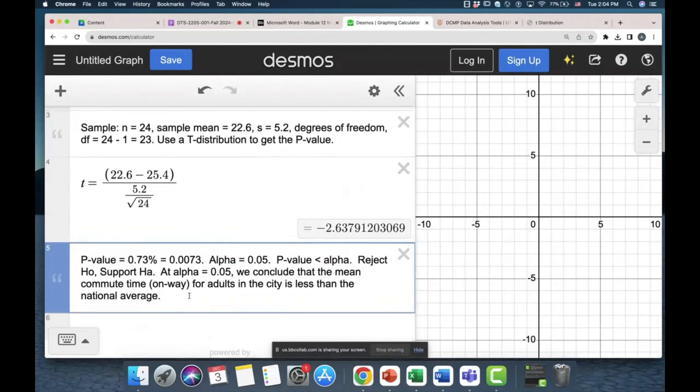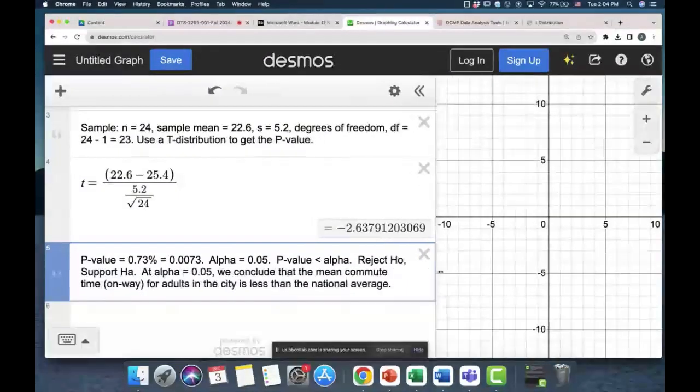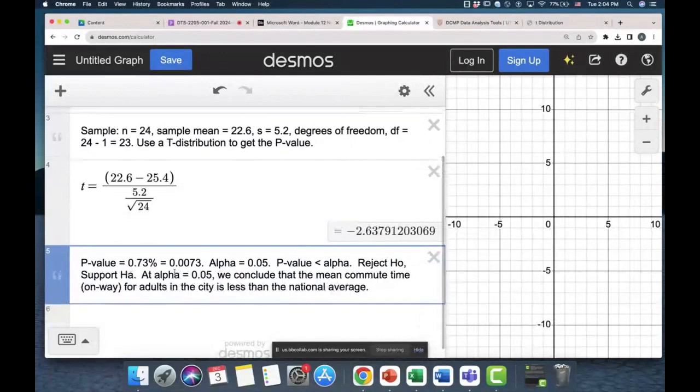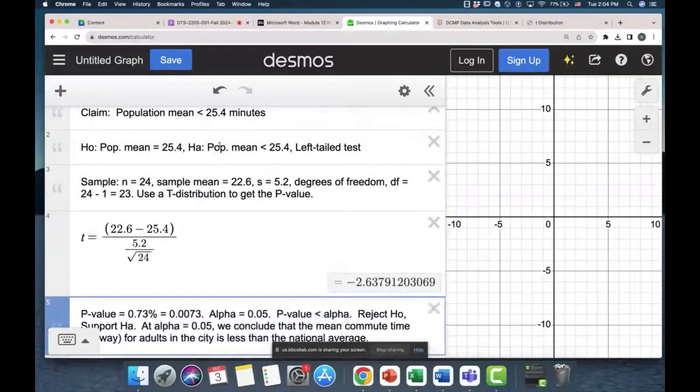And that's our conclusion. So we are, again, rejecting the null hypothesis. We're supporting the alternative. So therefore, we conclude that the population mean is less than 25.4.